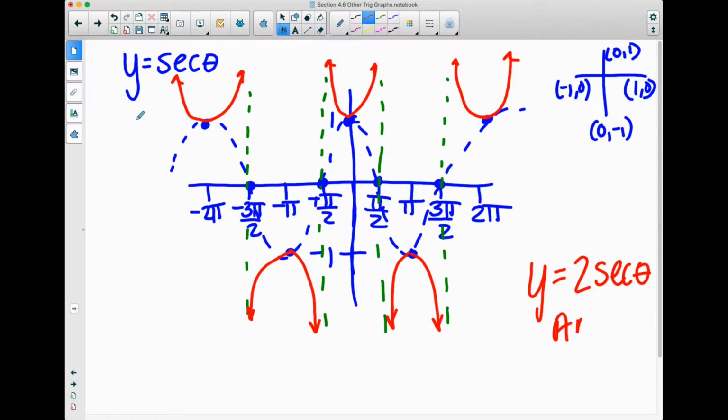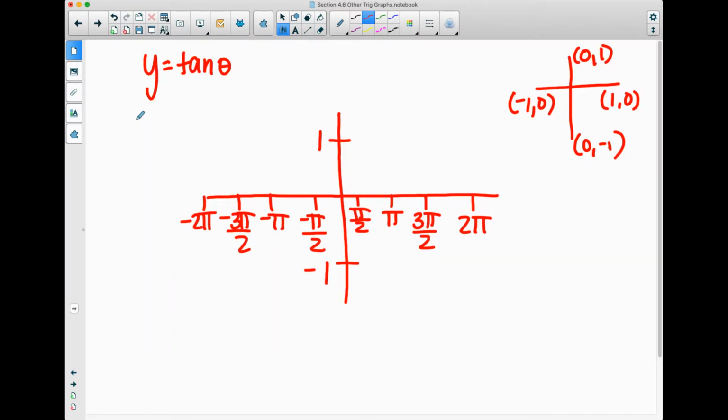And you're like, I know where my amplitude is, it's always in the front, it has to be positive. Done. It gets people every year. So secant, cosecant, amplitude is none. I just didn't want to forget that.